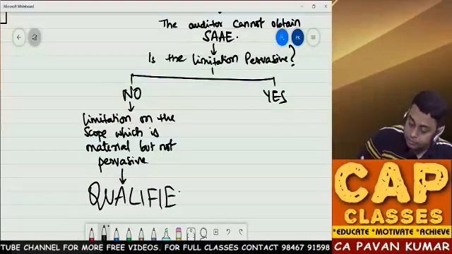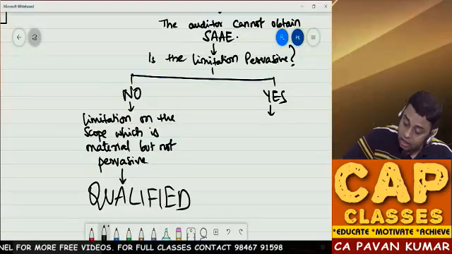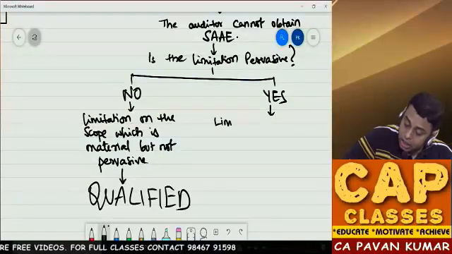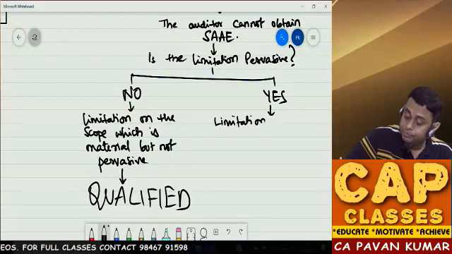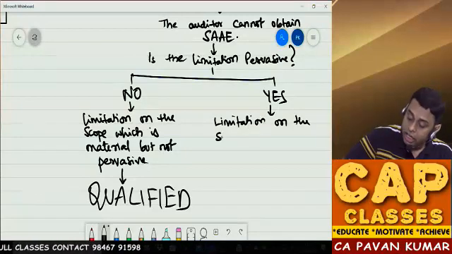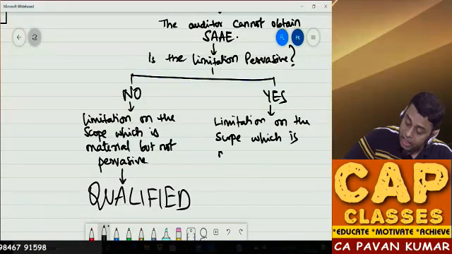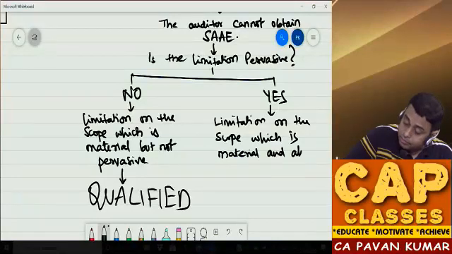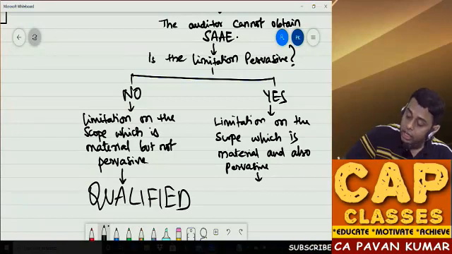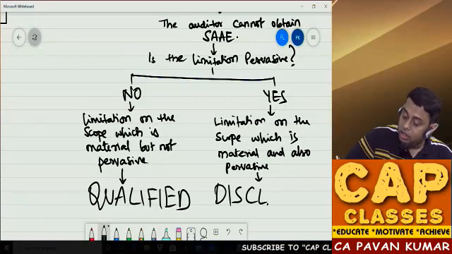Qualified. Here, a limitation on the scope which is material and also pervasive, then you give a disclaimer.